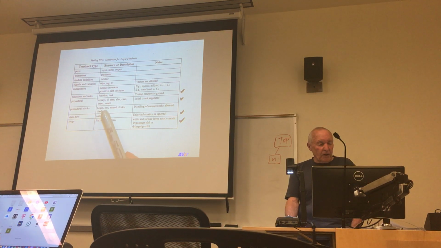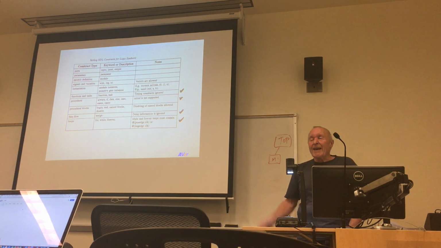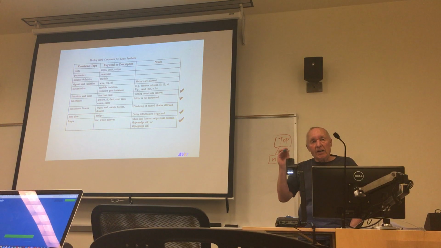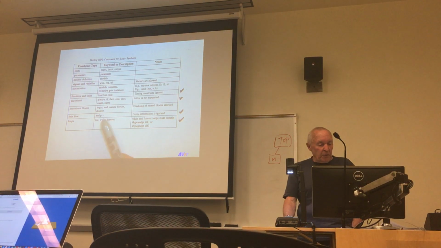Under procedural, it'll handle always, if, then, else, case X, and case Z. Initial is not supported. Always procedures are supported by synthesis. Initial are not, and that's typical. Under procedural blocks, it'll handle begin and end, named blocks, disable.